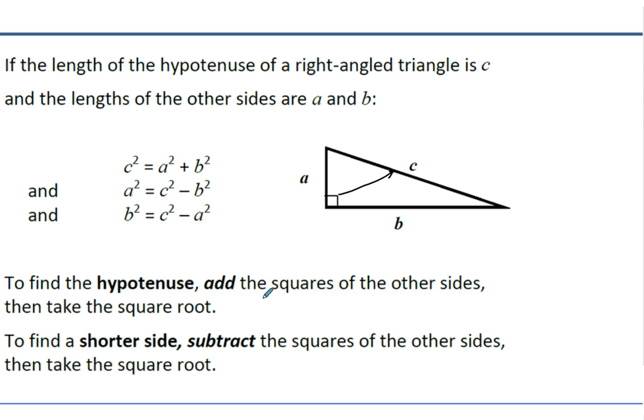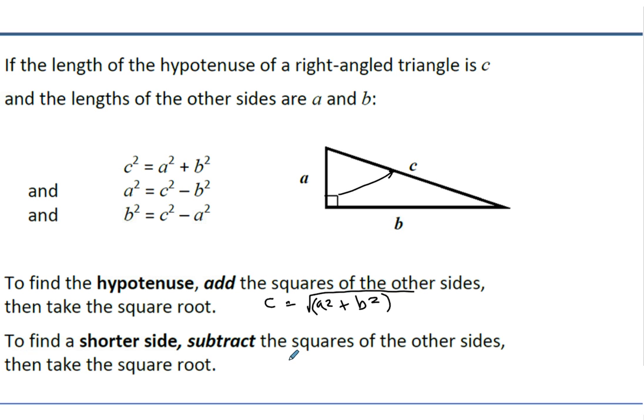In a non-calculator paper, try to do it all in one step. So c would be the square root, because we know we're going to square root at the end, and then you've got a squared plus b squared. As long as you've got them in brackets, it's taking the square root of the whole amount.